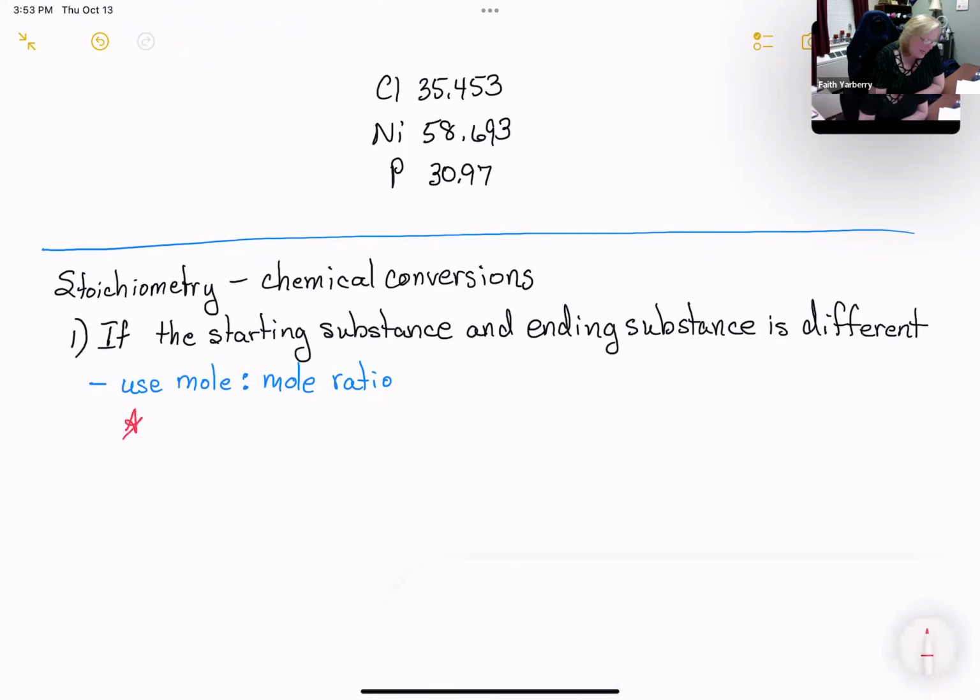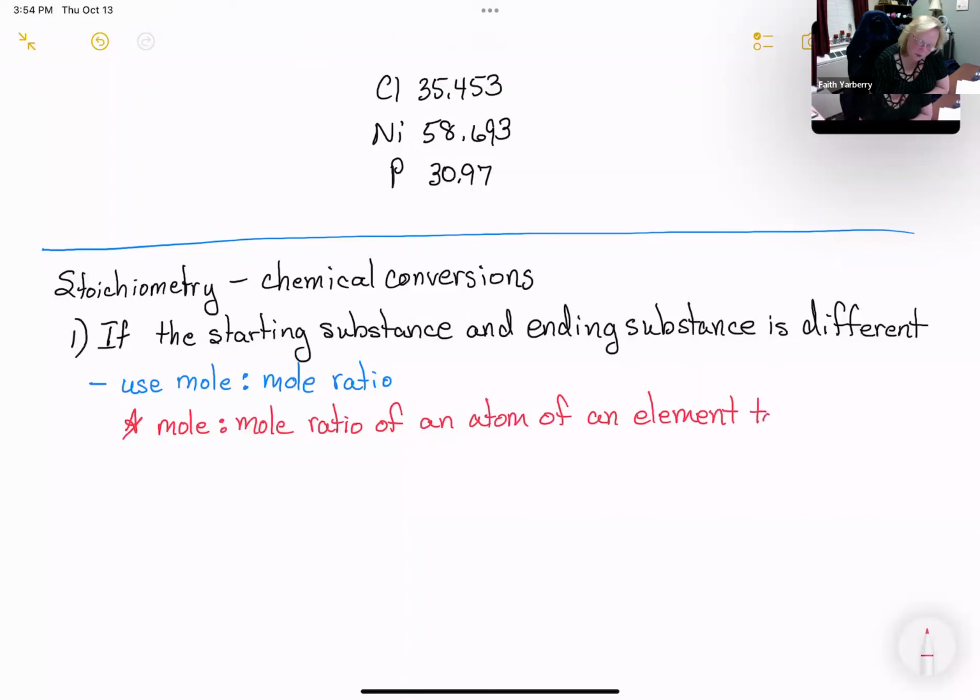For today, the one we're going to talk about is the mole-to-mole ratio of an atom of an element to the compound.